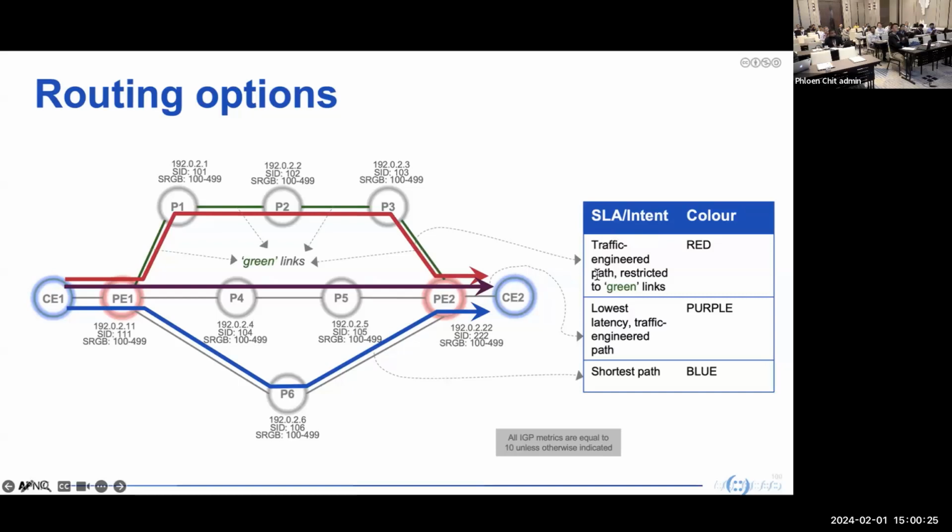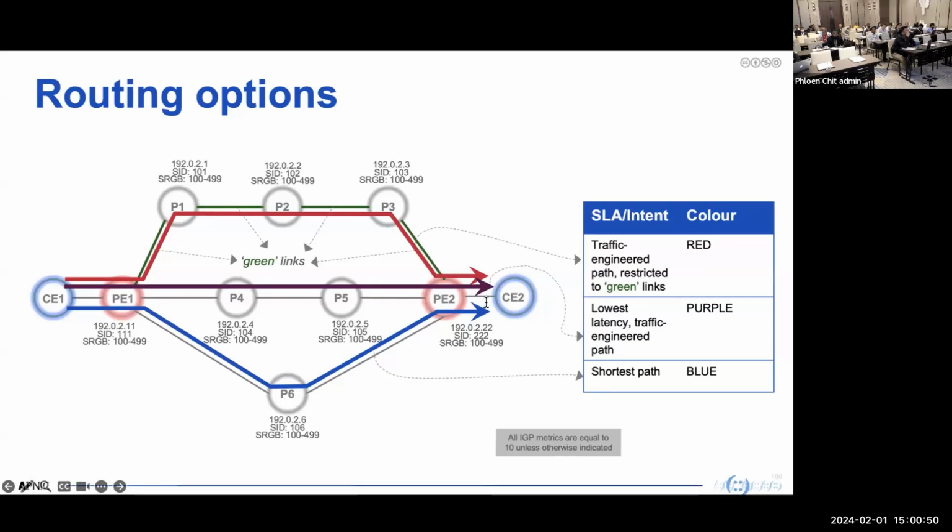The purple has more hops along the path, but it is a low latency path. The red is an example of a traffic engineering path that has a constraint of using only the green links to establish the LSP. It may be a bit confusing here because blue, purple, red, and green all appear to be colors.